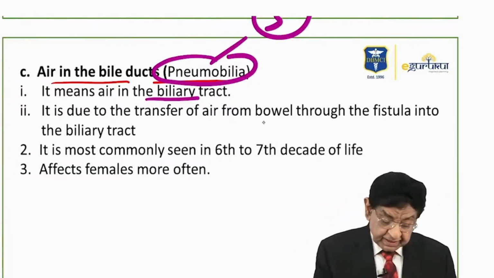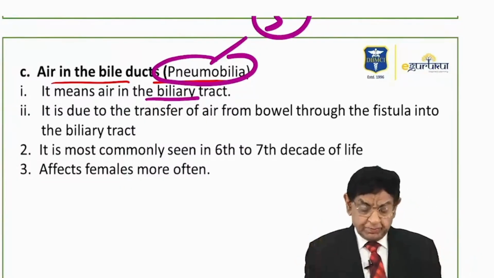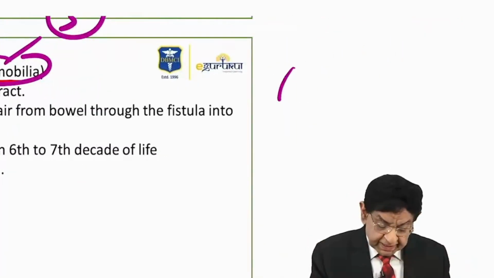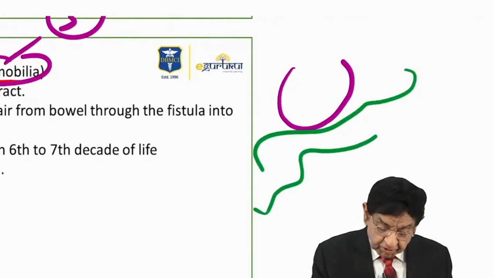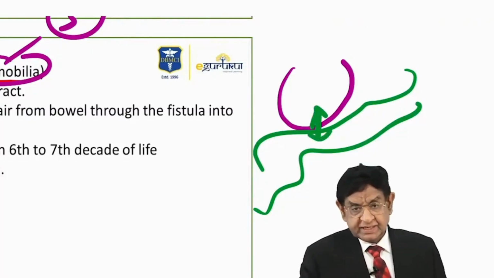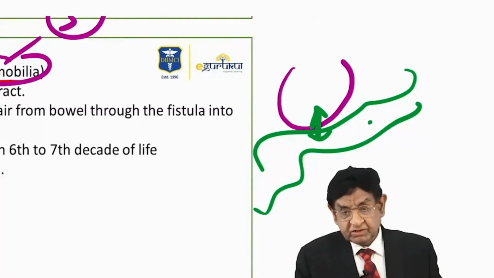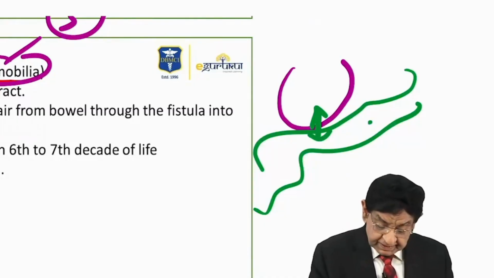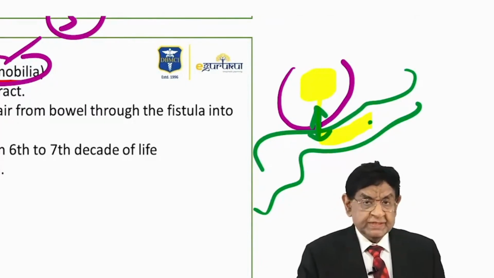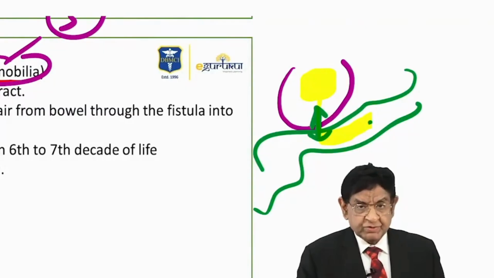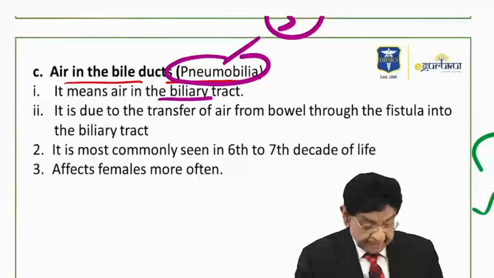Why? Because, as I told you, this is the gallbladder, this is the small intestine, and the fistula is made between the gallbladder and the small intestine, and the intestine has a lot of air. This air can enter the gallbladder. So the reverse flow of air going into the gallbladder is what we call pneumobilia.